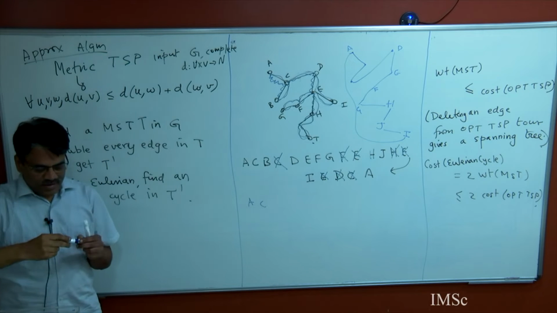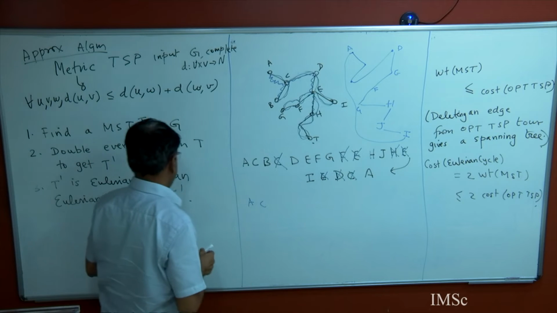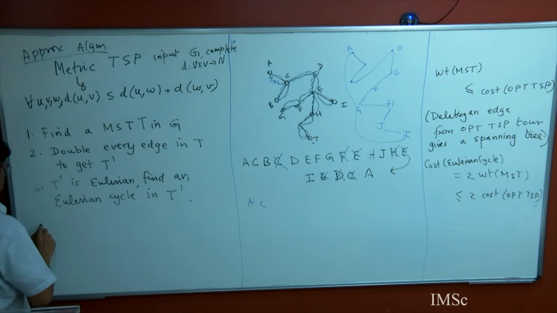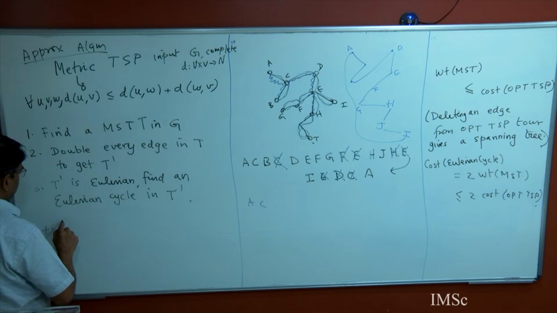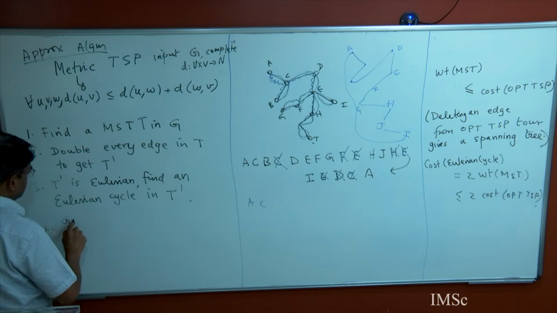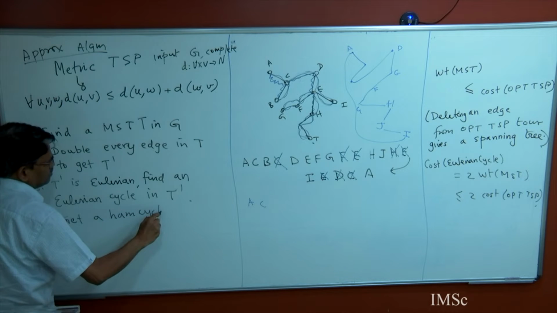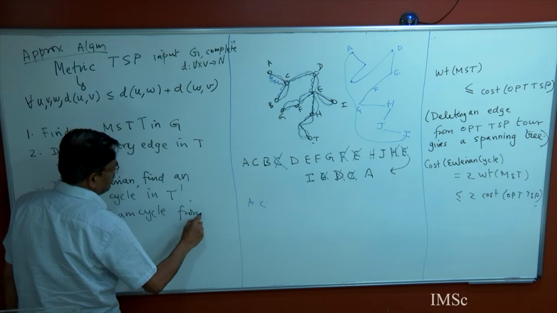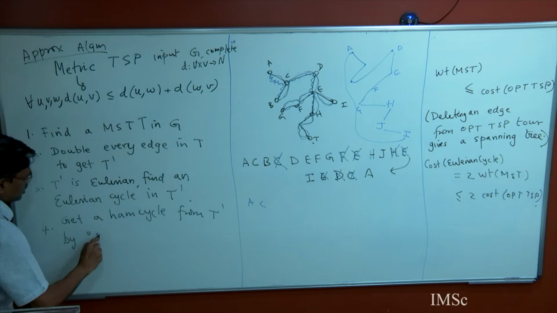Okay. These edges are there because the graph is a complete graph. So all the edges are there. So now somehow get a Hamiltonian cycle from T prime by short circuiting.